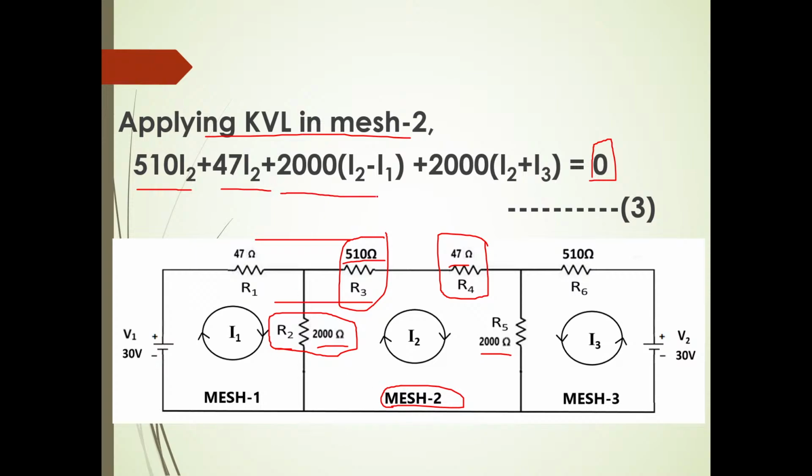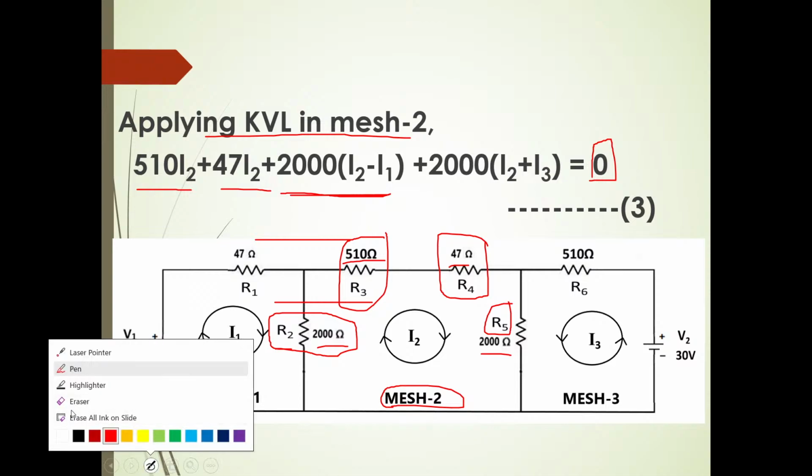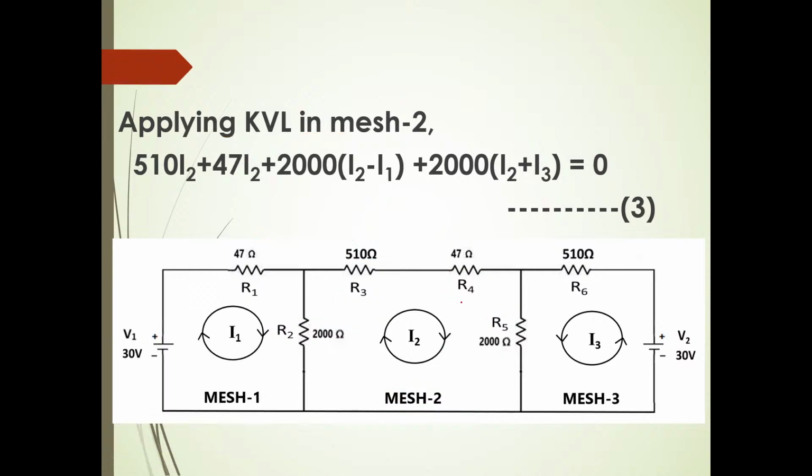2000 into the differential current, I2 minus I1, plus another resistor, R5. If you observe carefully, this 2000 ohms, R5, is in between mesh 2 and mesh 3. So let us observe the loop currents beside this R5.